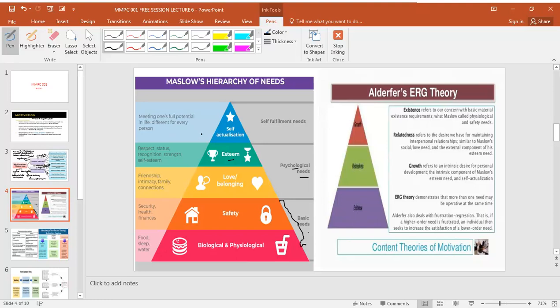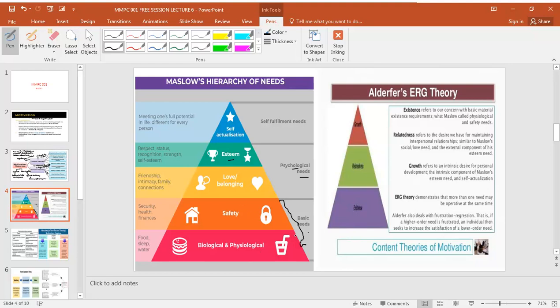That is the self-fulfillment need. The majority of us will not reach this because we are always in search of something new, so self-actualization is pretty difficult for individuals.